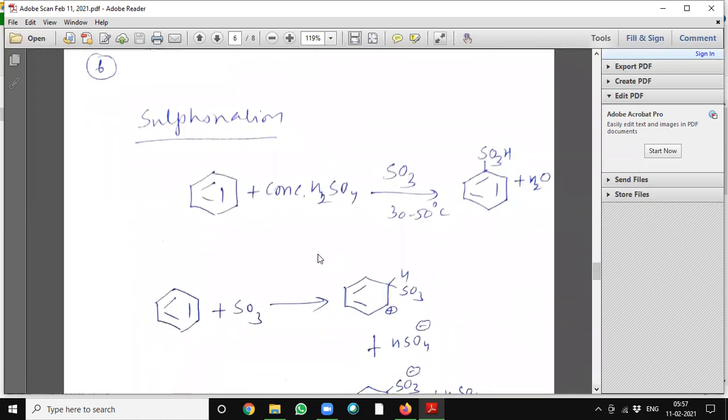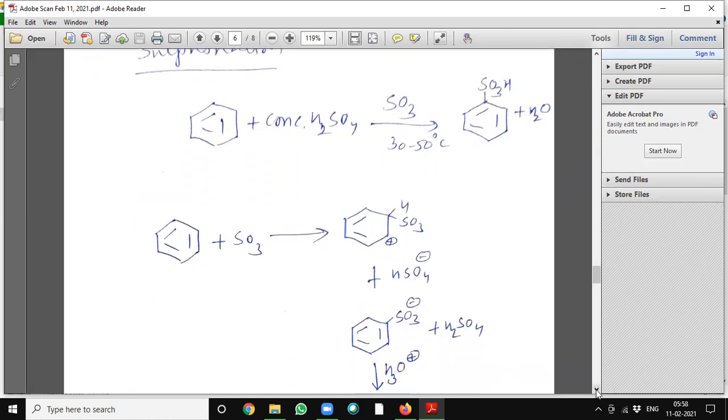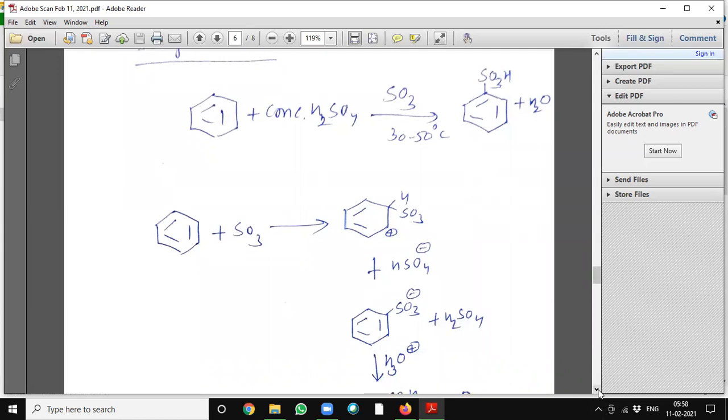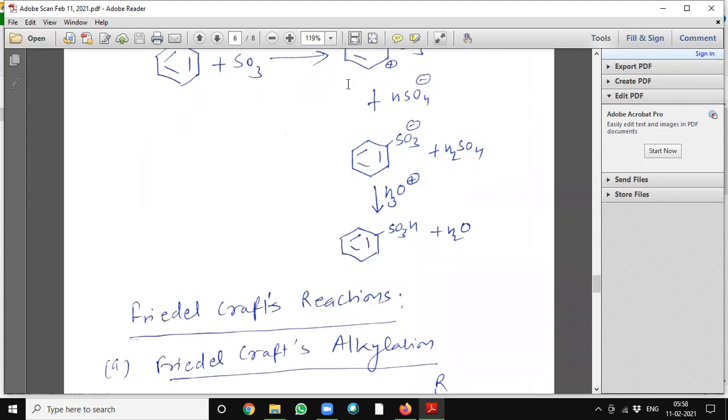Sulfonation. Sulfonation we can carry out in presence of concentrated sulfuric acid and oleum, means sulfur trioxide, at 30 to 50 degrees centigrade temperature. It will give benzene sulfonic acid. See here.